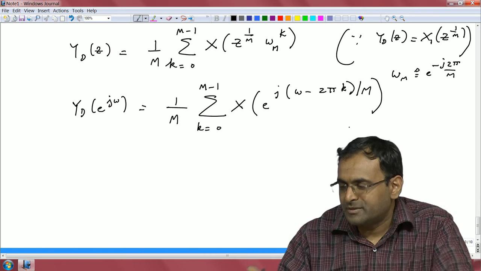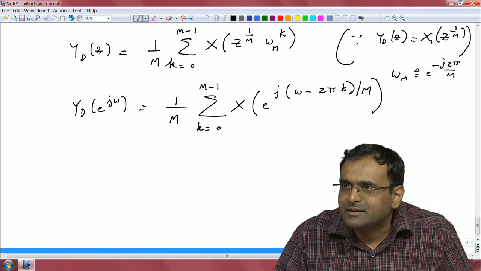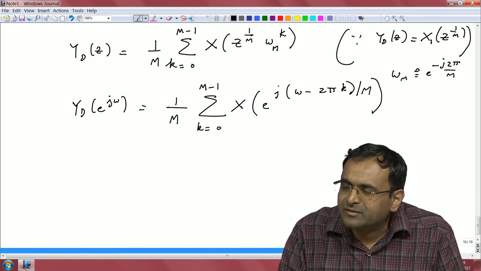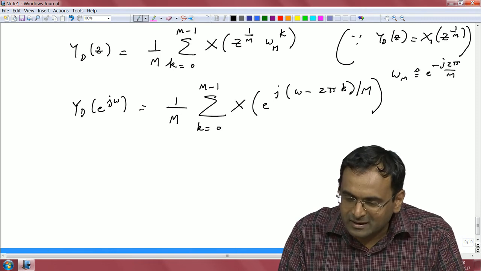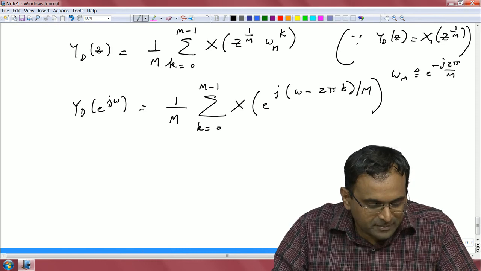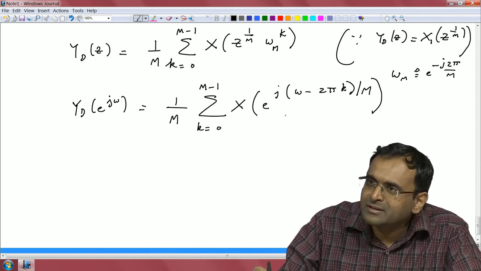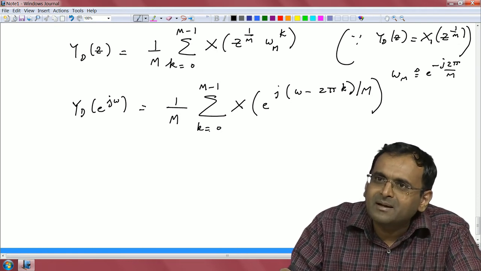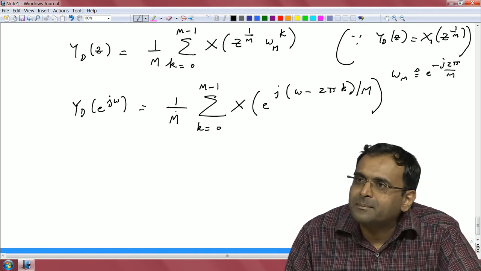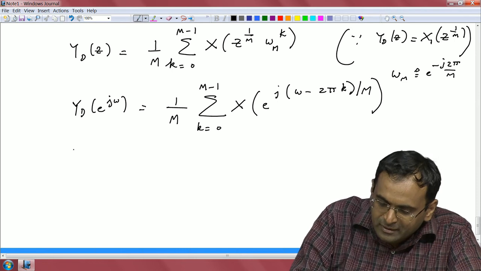And what is happening is you are basically stretching it in the frequency domain. Whatever is compressing in time because of slashing of the rate is basically stretching in the frequency domain, and for every such copy you are evaluating this spectrum and summing it up, and your amplitude is basically scaled by 1 upon m. So there are 4 different operations that are happening.